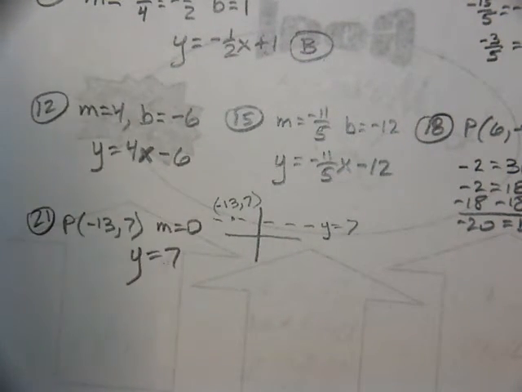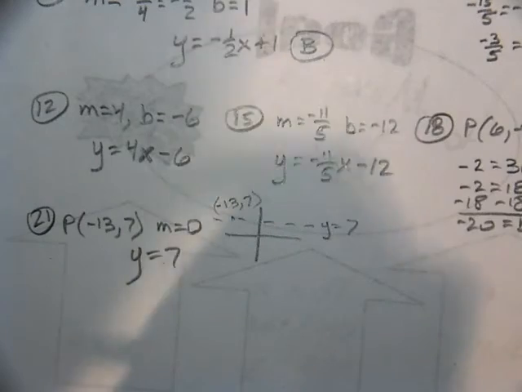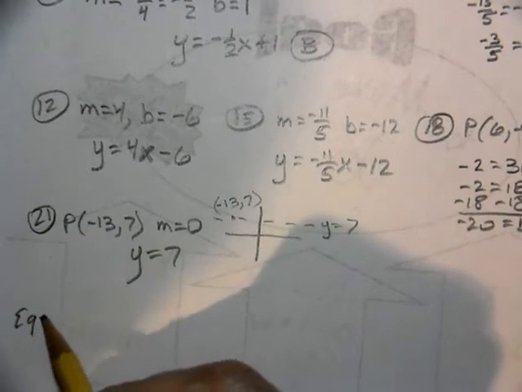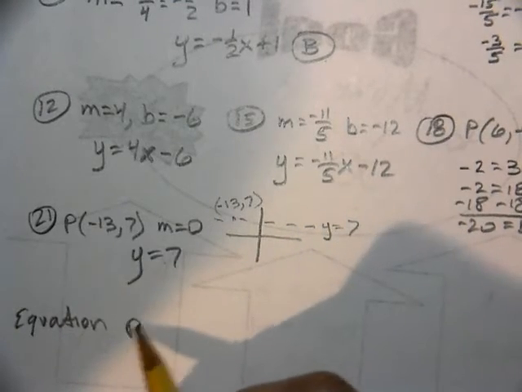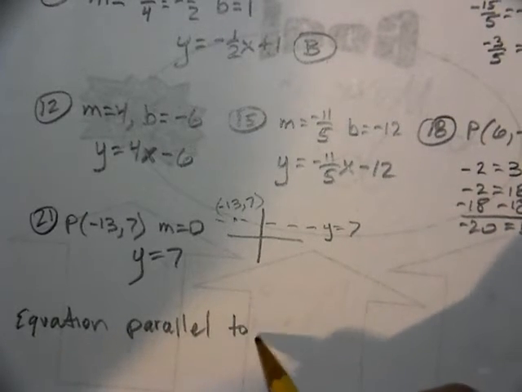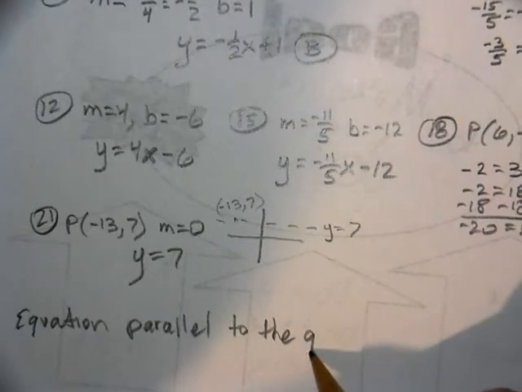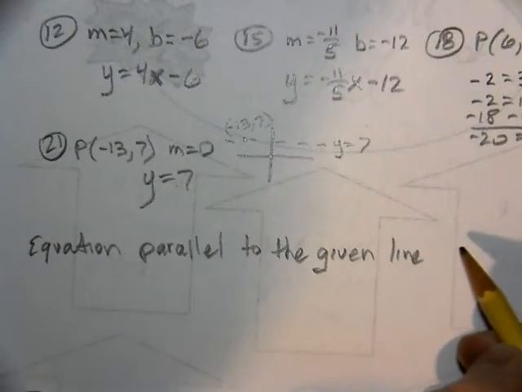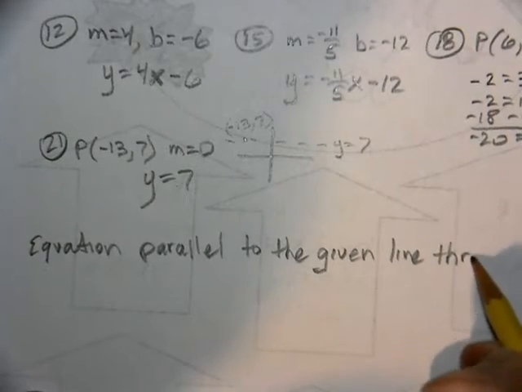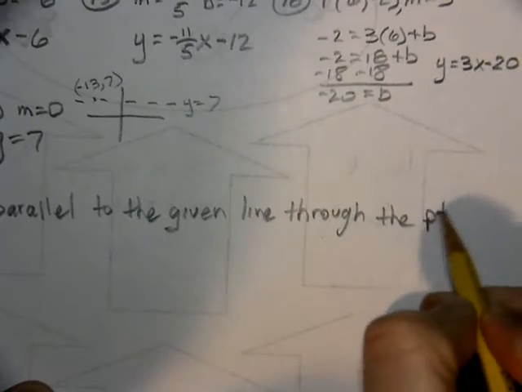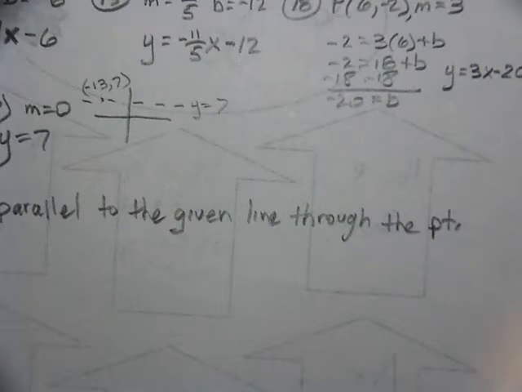Number 24, we want to be parallel to the line. So we want an equation parallel to the line through the point.